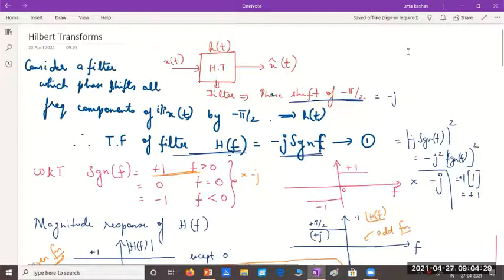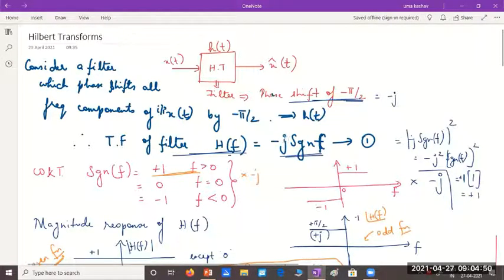And since we needed this Hilbert transformer to generate a phase lag of 90 degrees, the easy part here was to multiply this signum of f with minus j. So j indicates a phase shift of 90 degrees or pi by 2.